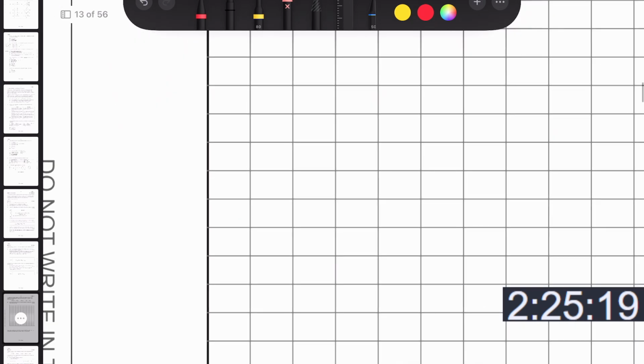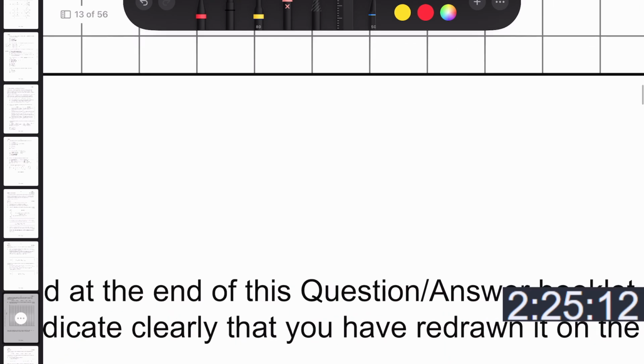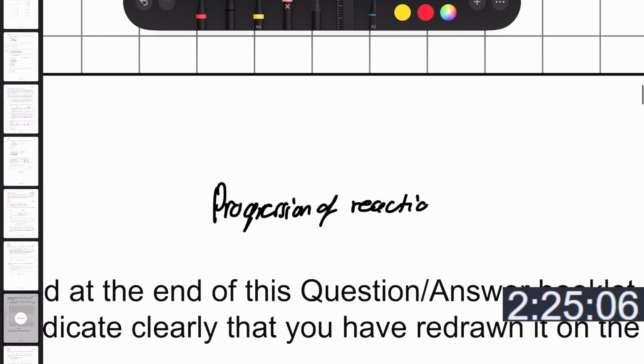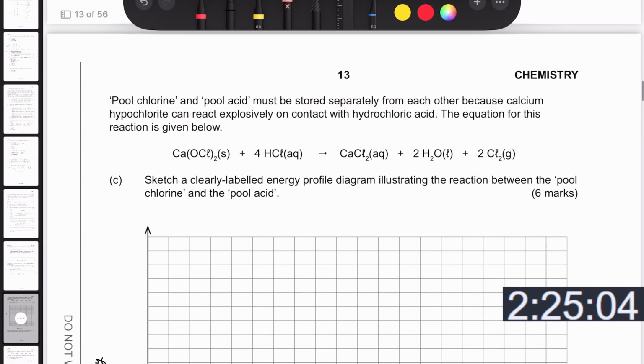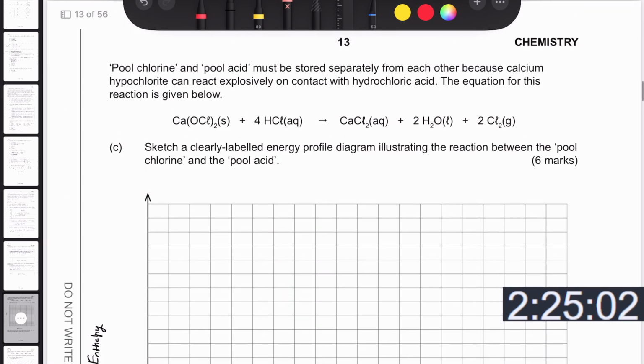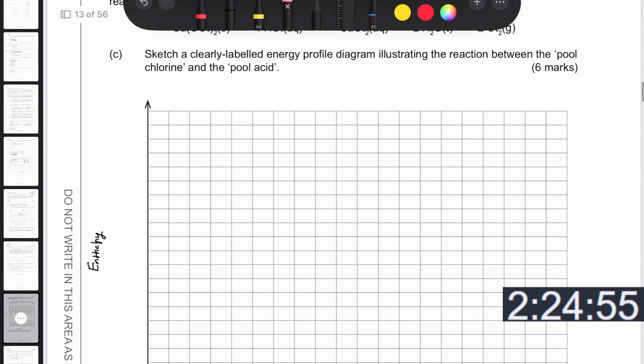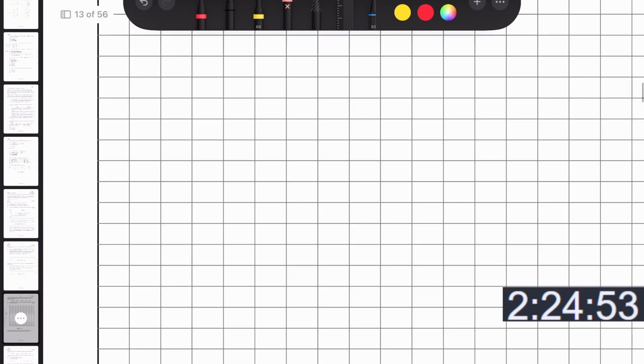Okay, I don't have any values, so I'm just going to say enthalpy and progression of reaction. And let's see, it can react explosively on contact with HCl, so it must have a small activation energy, and it's obviously exothermic.